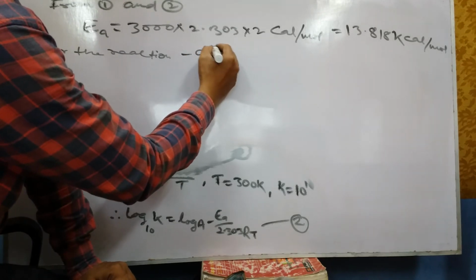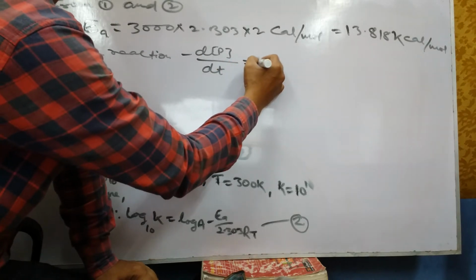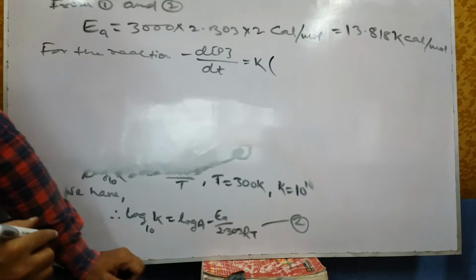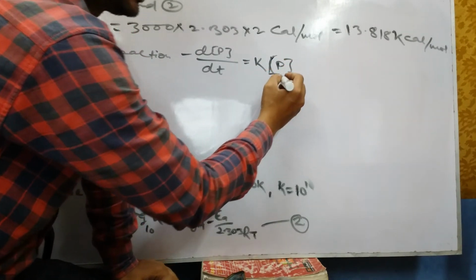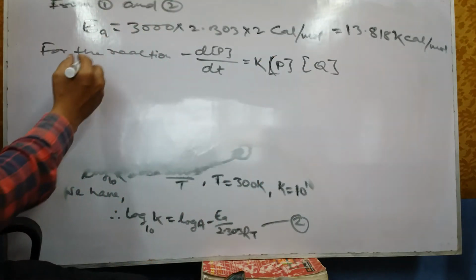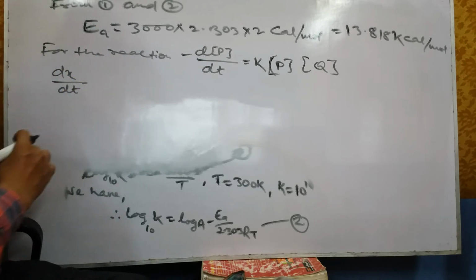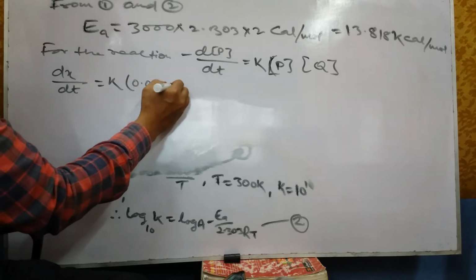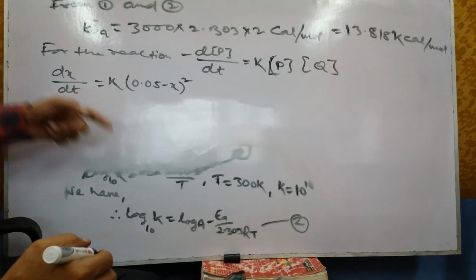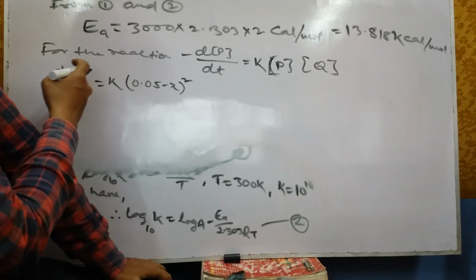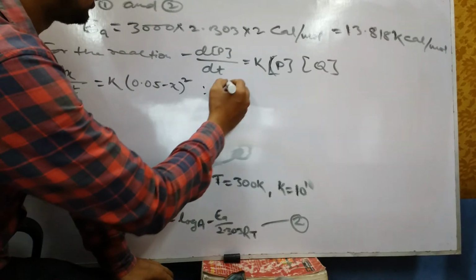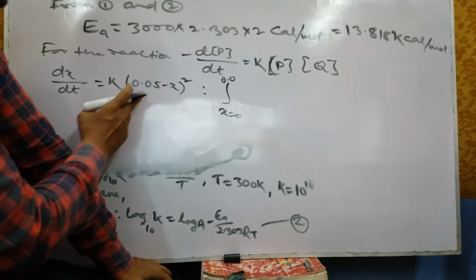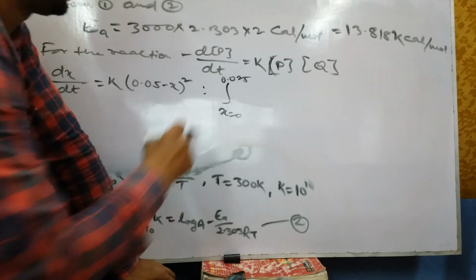Minus dP by dt is equal to K into P and Q. dx by dt is equal to K into the concentration of reactant, (0.05 minus x) squared. Now we integrate this term: x from the lower limit 0 to the upper limit 0.025.